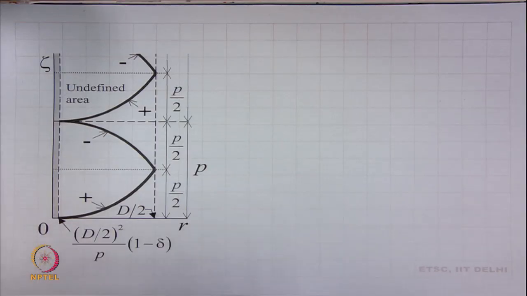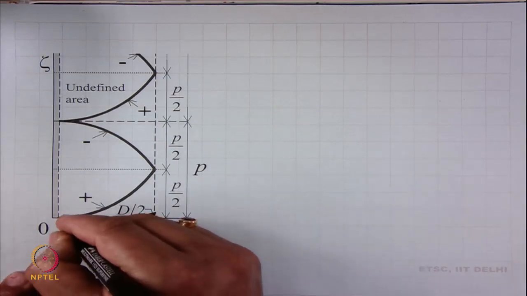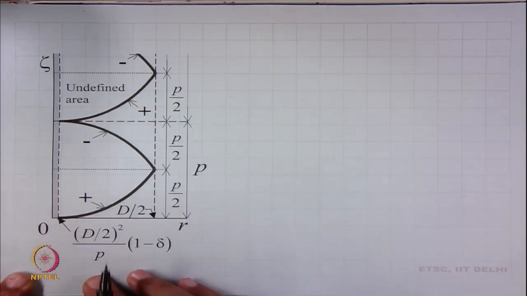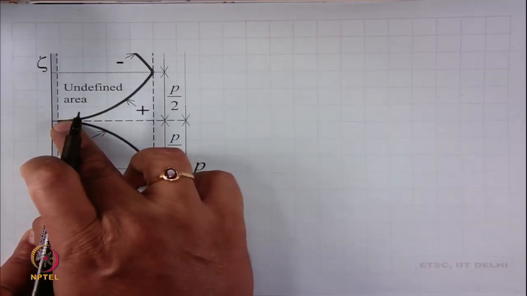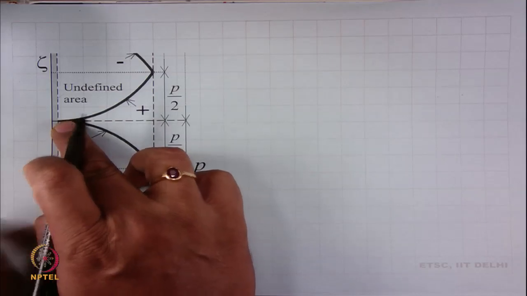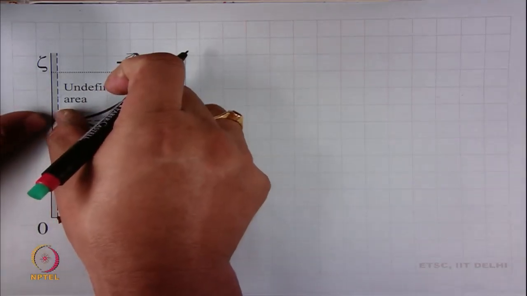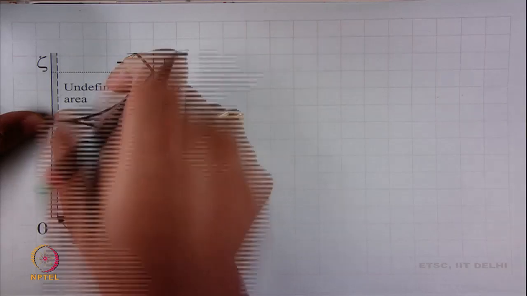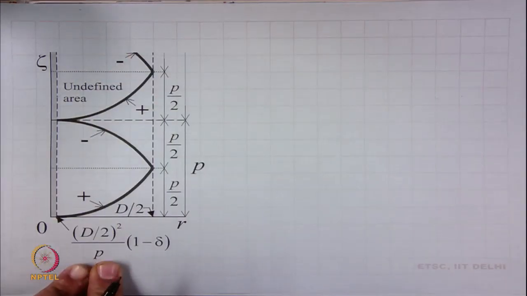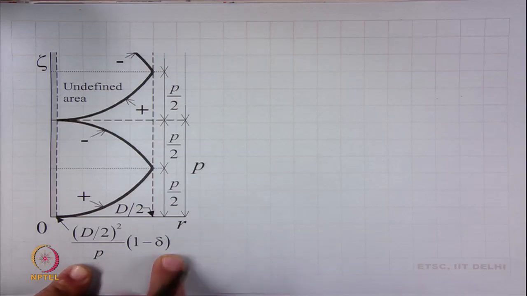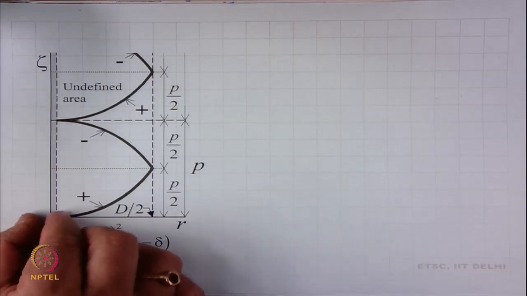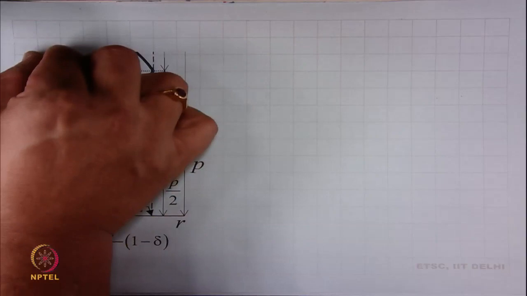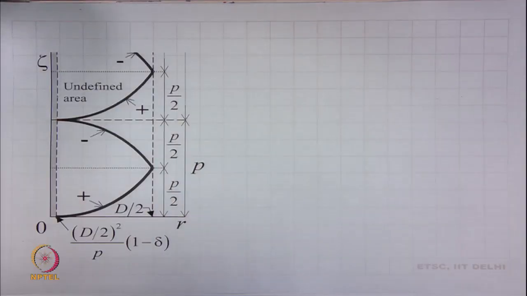So, probably the migration starts from here. It goes there, comes back, it is not touching the axis, a small distance is left, this distance is d by 2 square by p, 1 minus retraction, again it goes and comes back. So, in this gray color region, migration is not taking place. This is the meaning of this.